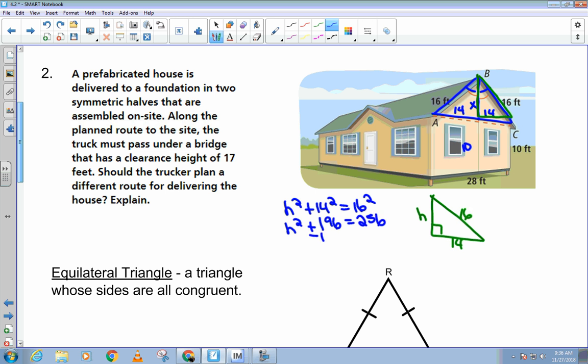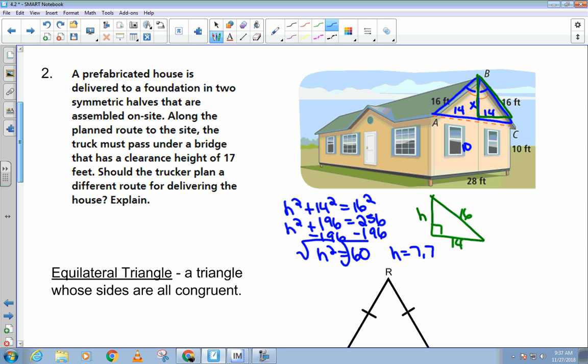Subtract 196 from both sides, and I get H squared equals 60. And so what did we say we had to do to get H? Take the square root. So if I plug that into my calculator, I get the square root of 60. My height is about 7.7.